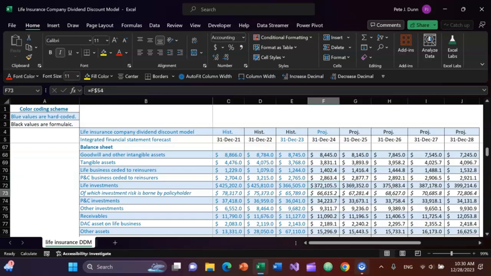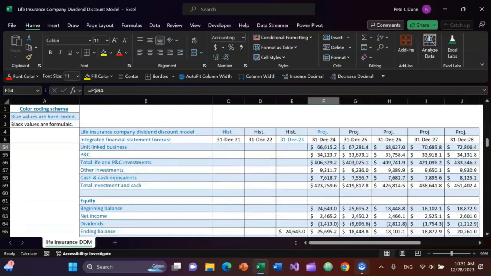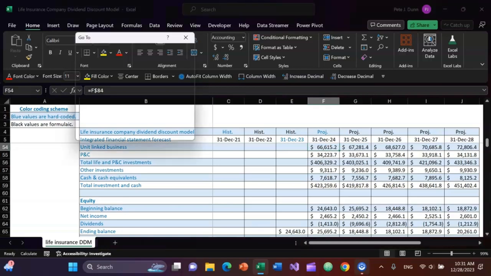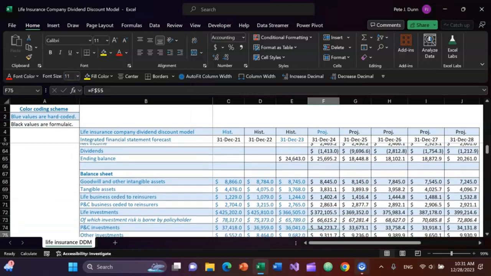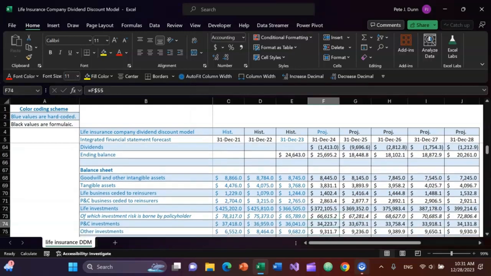And then the unit linked life provisions, which are borne by policyholders, that references row 54. So I'll do Control F bracket. As you can see, we already have that. That's where that number comes from.